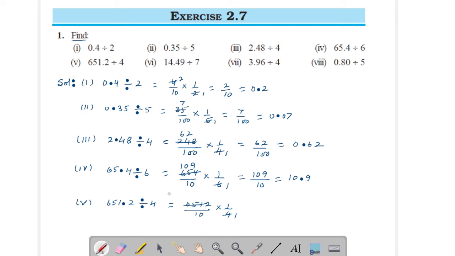Here 4 1 ja, 4 6 ja 24, 4 2 ja 8 and 4 8 ja 32. You will get 1628. It will be 1628 upon 10. Put the decimal, you will get 162.8. This is your answer.